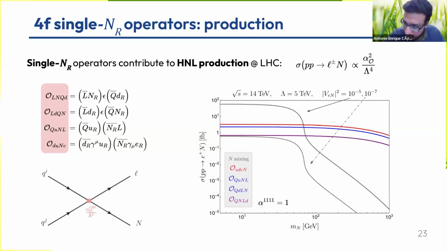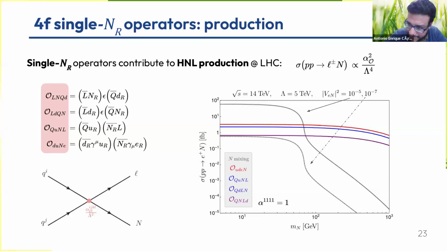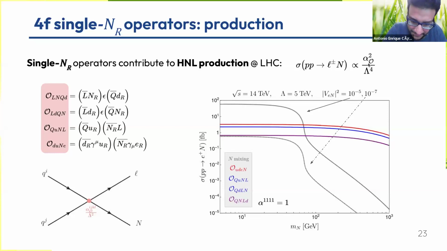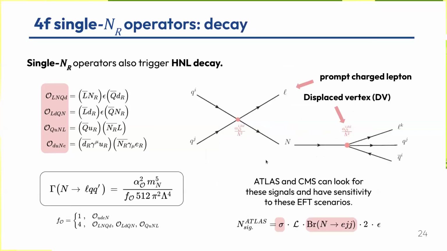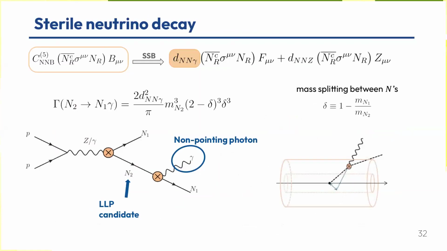More questions? Rebecca, you had a question. Yes, I have a question. Sorry, Antonio. Well, thank you for the presentation. Very nice. Can you go to the part of the photon signal? That appears from the decay of the heavier. Yes.